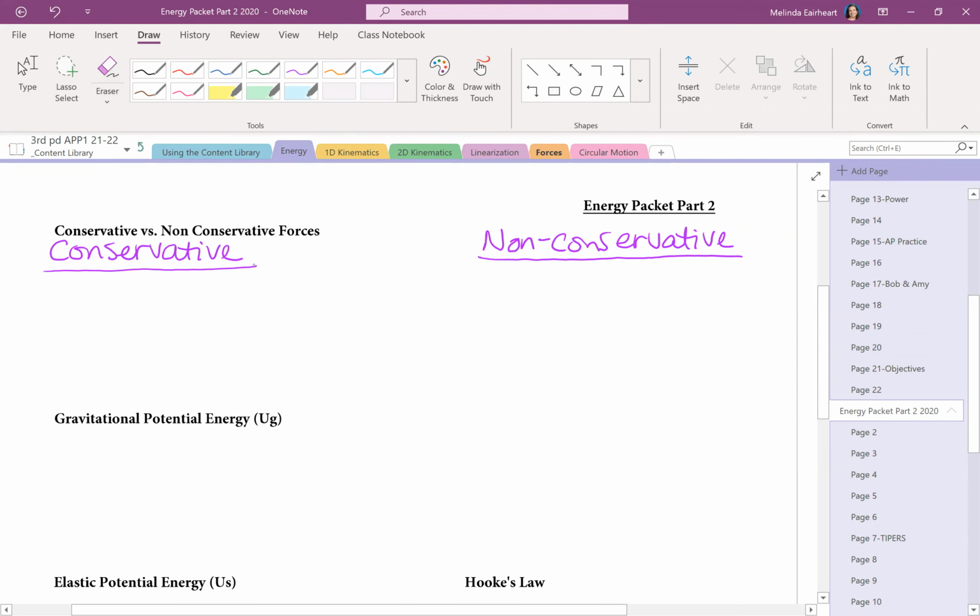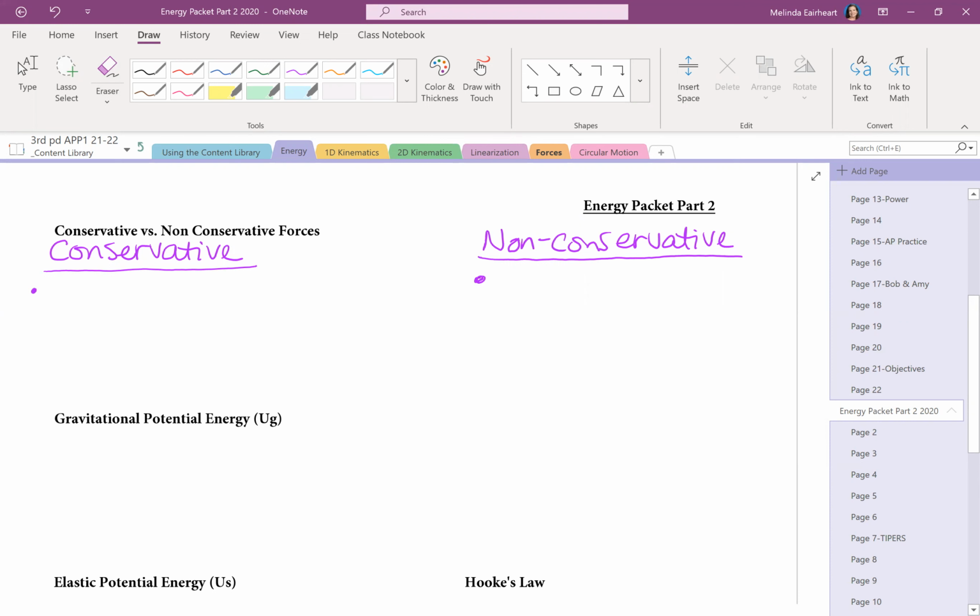Okay, so I'm just going to make some bulleted lists. The first designation to distinguish between conservative and non-conservative forces is how they depend on the path of the object. Again, this may not make sense right now. I'll use an example once we get our list done.